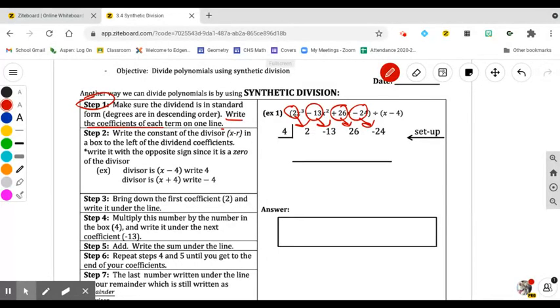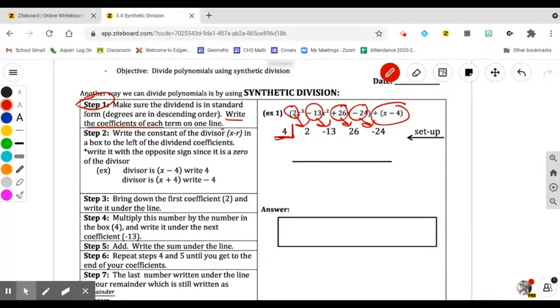Next it says write the constant of the divisor in a box to the left of the dividend coefficients. So you put a little box like this. It says write it with the opposite sign since it is a zero of the divisor. The next thing we're really getting into with this dividing is solving polynomials and finding the zeros.